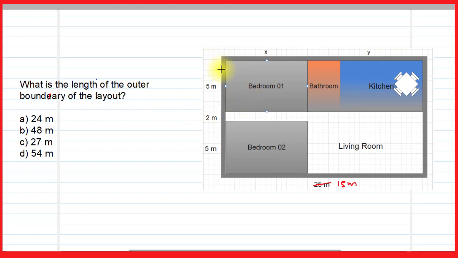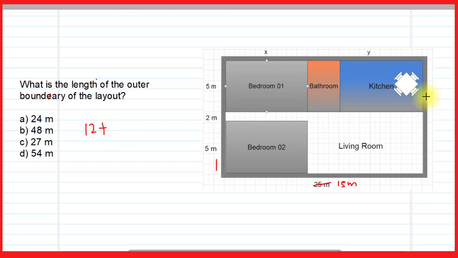So here the outer boundary of the layout will be this distance plus this distance plus this distance plus this distance. The sum of all the 4 sides will give you the length of the outer boundary of the layout. So what is this distance? This will be 5 meter plus 2 meter plus 5 meter. That will be 5 and 5 is 10 and 2 is 12 meter.